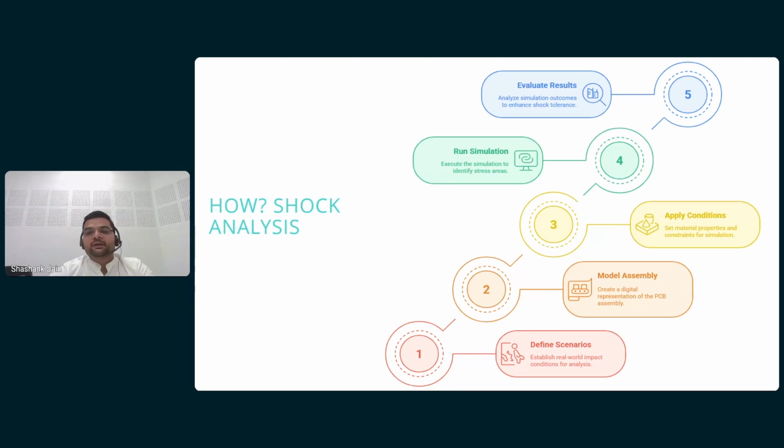Now, similar to thermal analysis, shock analysis also involves importing geometry, defining ambient conditions, etc. But what I want to mention here is the basis, or the mathematical conditions, on which shock analysis works. The computational method is explicit dynamics.